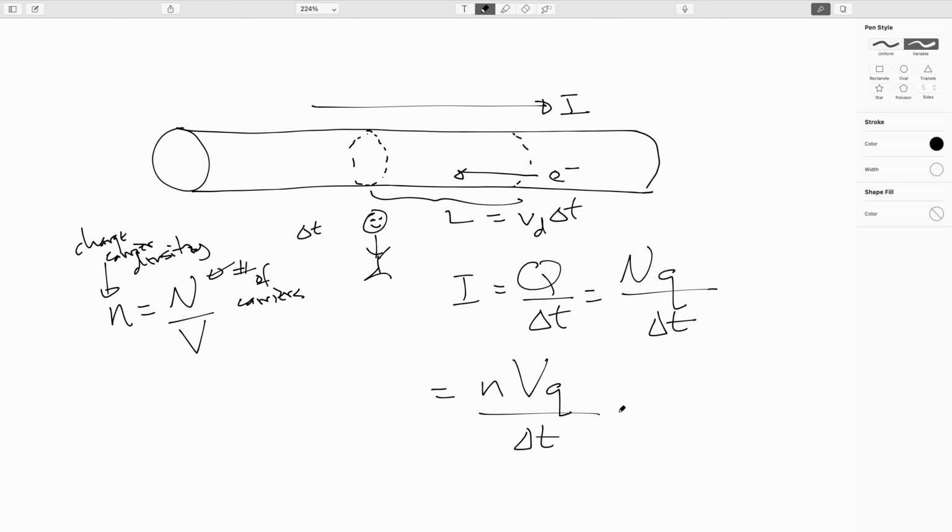But what's this volume? This volume is going to be the length here times the area. And this length is equal to the drift velocity times delta t.